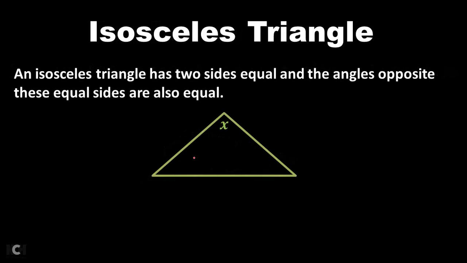An isosceles triangle has 2 sides equal and the angles opposite these equal sides are also equal. So suppose we have 2 sides which are equal, then their opposite angles will also be equal. So what does this mean?